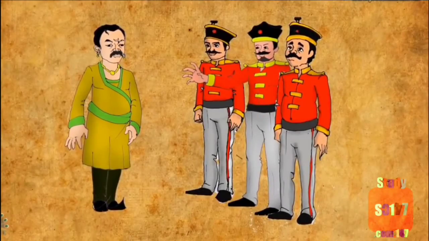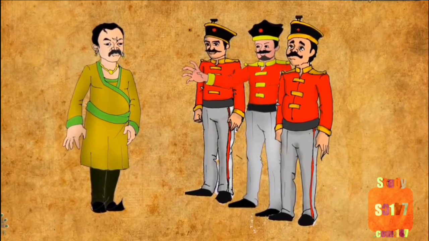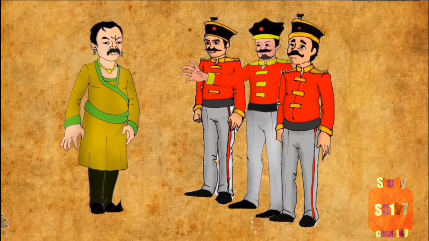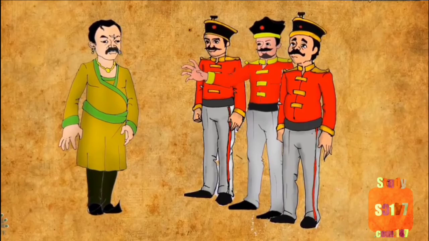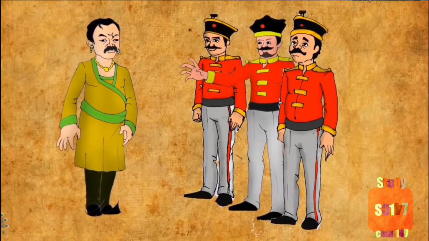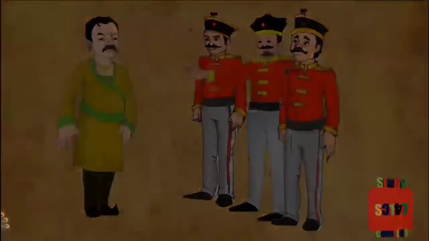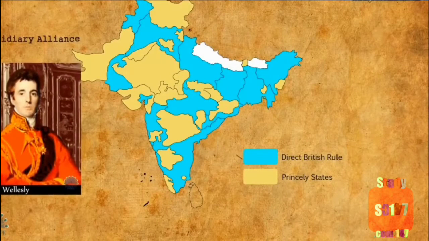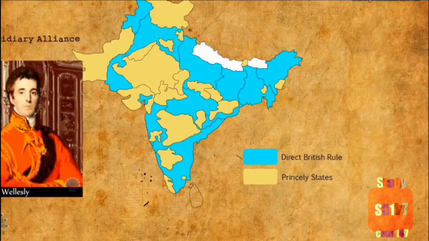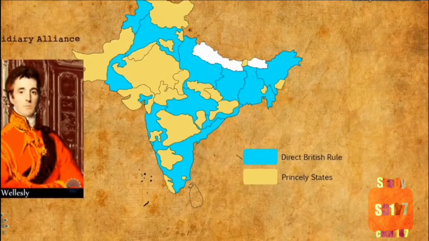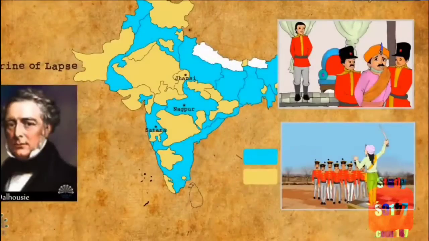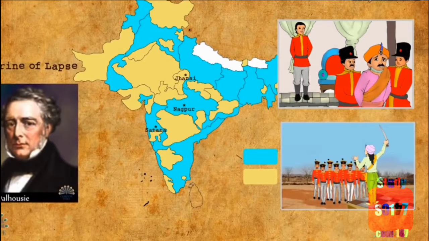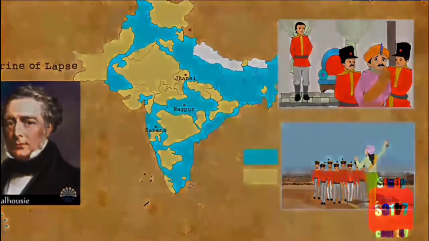The traditional landed aristocracy often saw their land rights forfeited, resulting in a loss of status for them in the villages. The East India Company's undue interference in the administration of princely states through policies like subsidiary alliance and doctrine of lapse caused discontentment not only amongst the rulers but also the people.